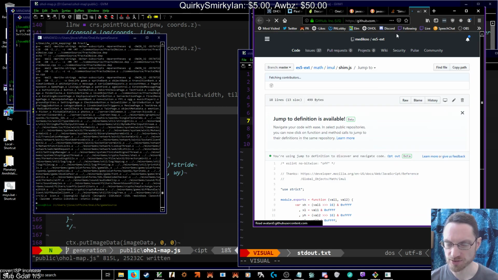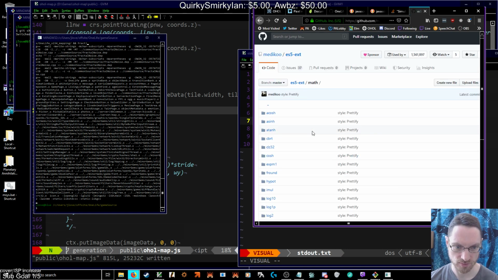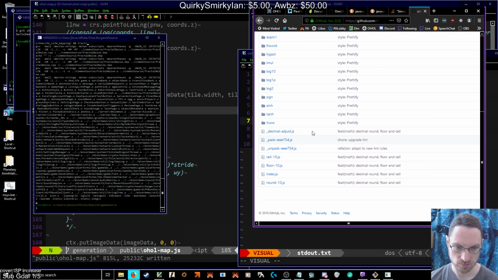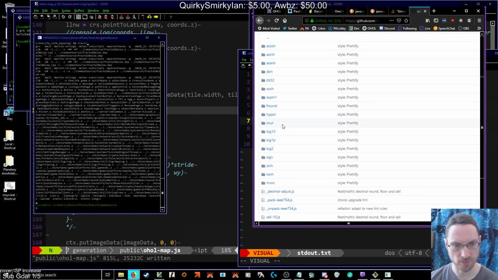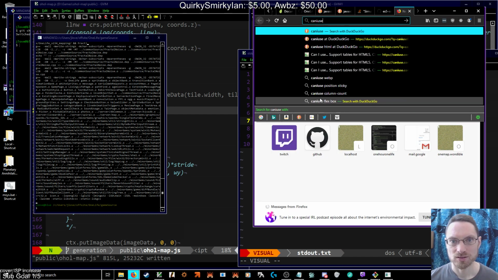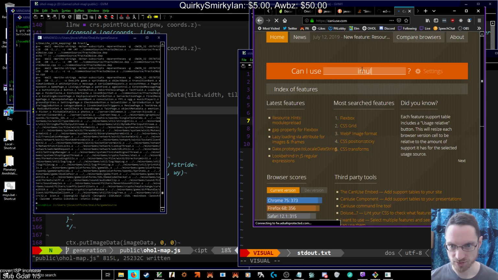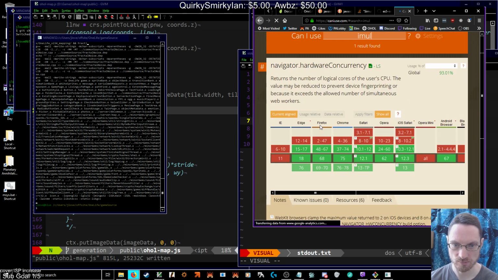Does this have any further comments on math operations? Math. Oh. There's... Apparently they've added a bunch of functions. What is the hardware concurrency? I don't think it had anything to do with that.